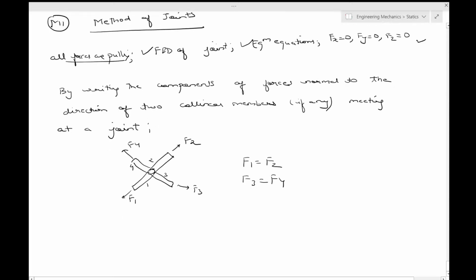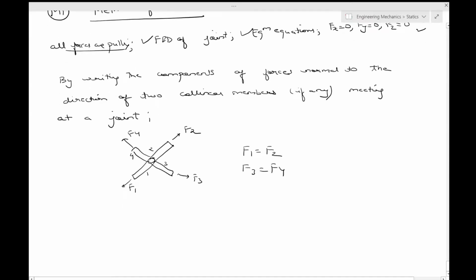Okay, now let's take a case in which the joint has a load. Let me put that like this.